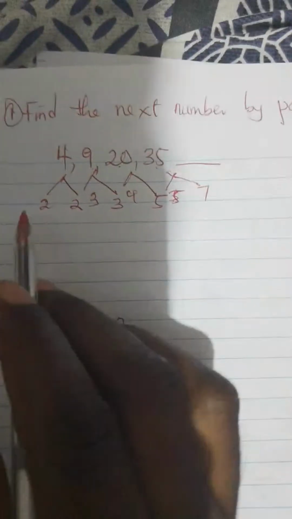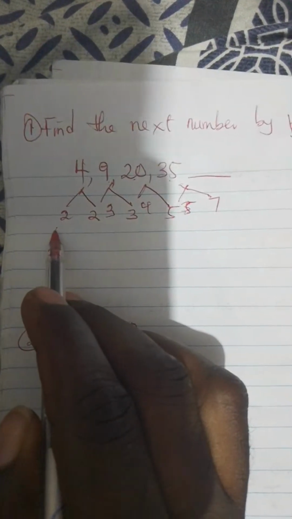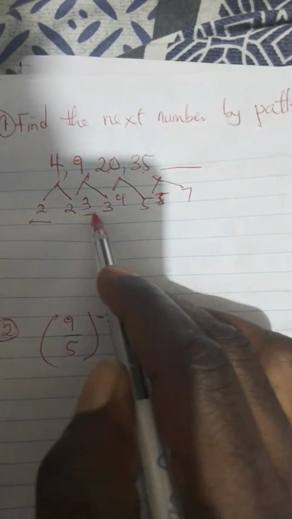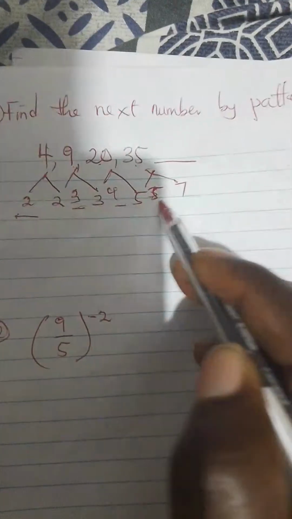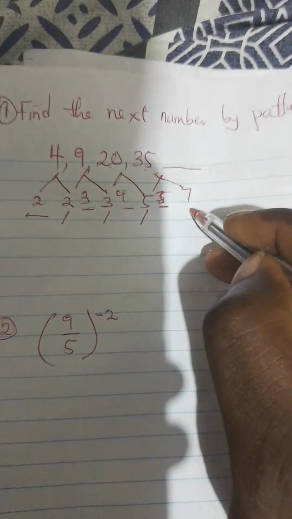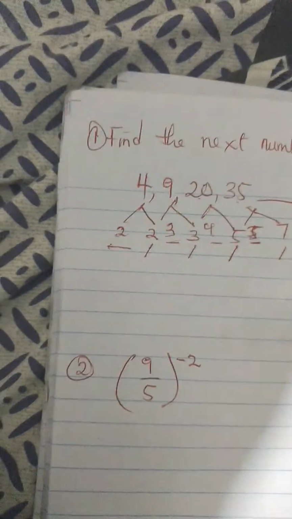So when you look at the first numbers, it is showing a particular pattern. So we have 2, 3, 4, and 5. With this, it is 2, 3, 5, and 7.